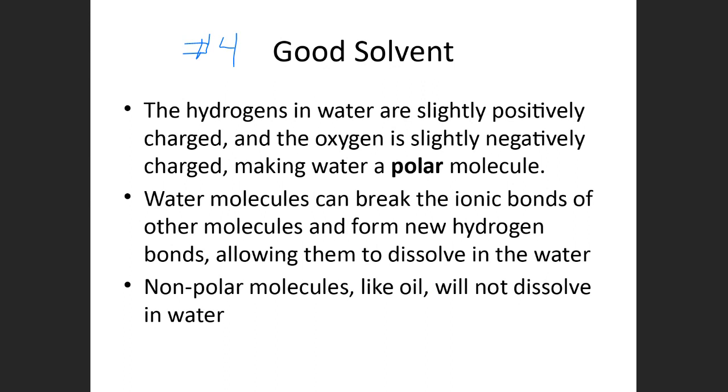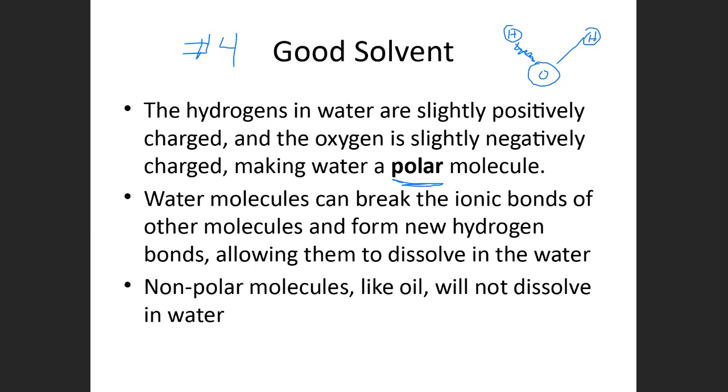And this is because water is polar. So polar means it has poles. And in this case, it has some positively charged and negatively charged parts. And why is this? Because of the hydrogen bonds, right? So here we've got our hydrogens and our oxygen, right? And actually these are covalently bonded, right?